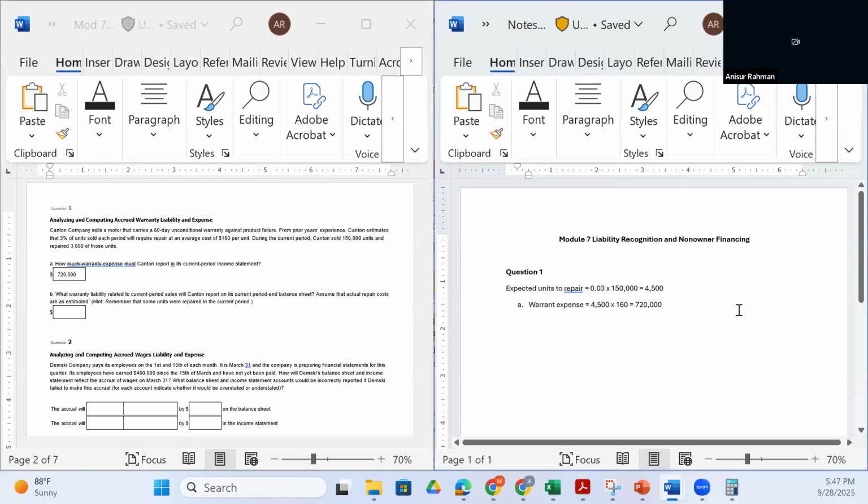Now part B is asking what warranty liability related to current period sales Canton will report on its current period balance sheet.